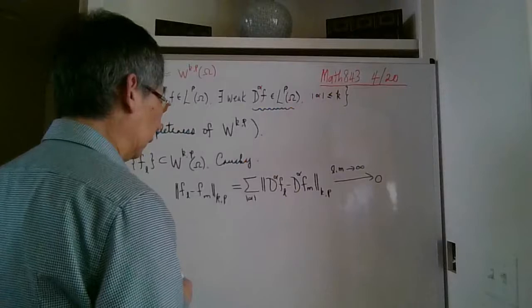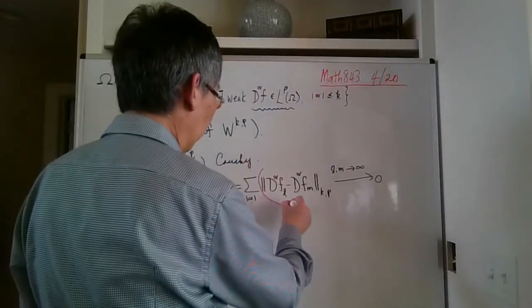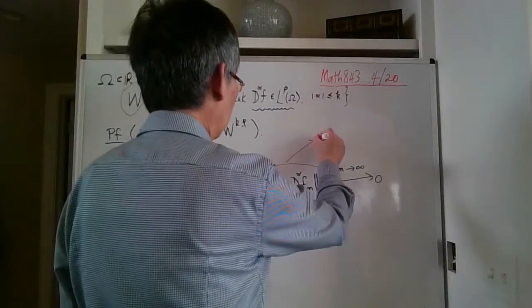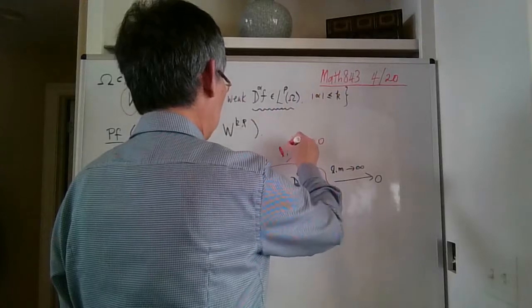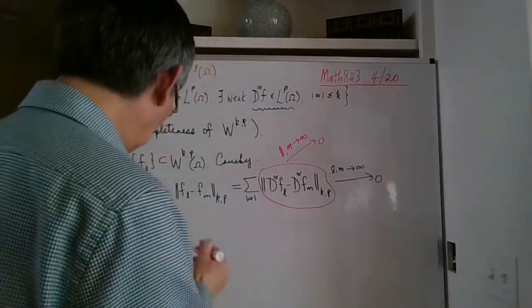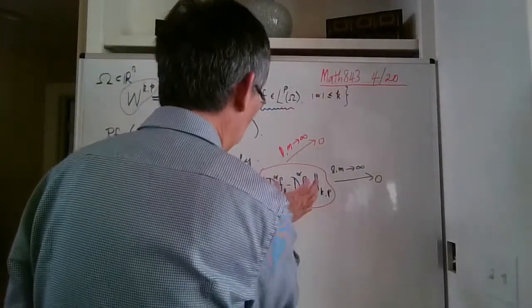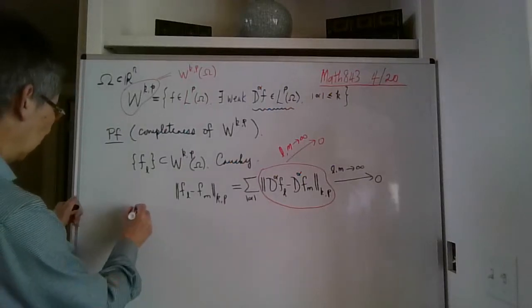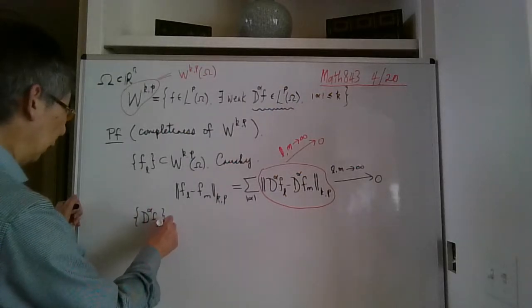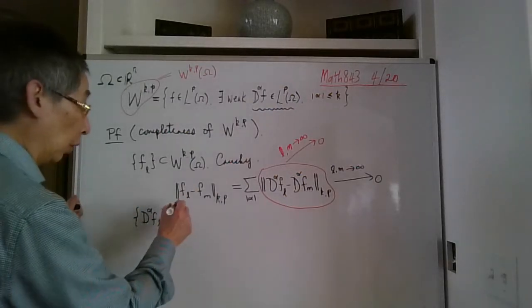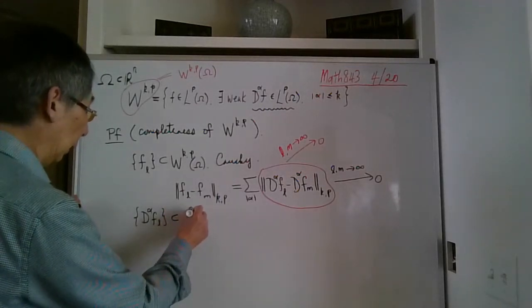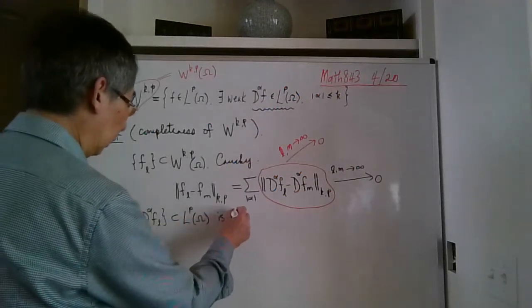This simply means that if you look at each individual term, it also goes to 0 as l and m go to infinity. Obviously this is true. So focusing on each individual term, each weak derivative sequence is also Cauchy, as a sequence in L^p.